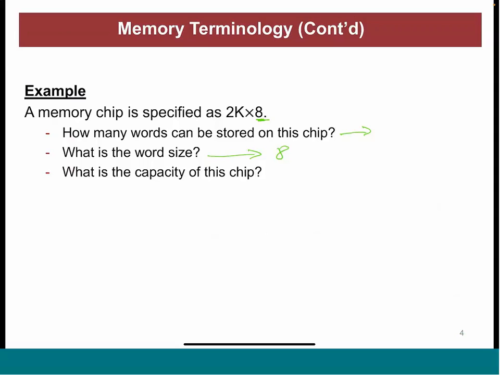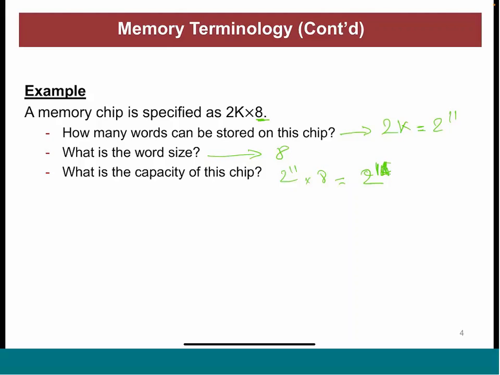2 times 2 to the power of 10. So it's 2K, which is equal to 2 power 11 words we can store in here. Right? Okay, good. And then what is the capacity? We just multiply 2 power 11 by 8, which is 2 power 14, because 8 is 2 power 3.